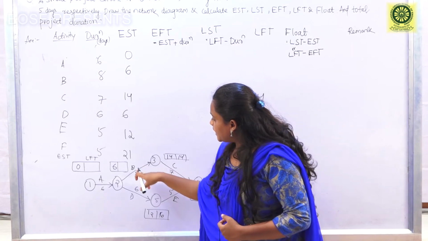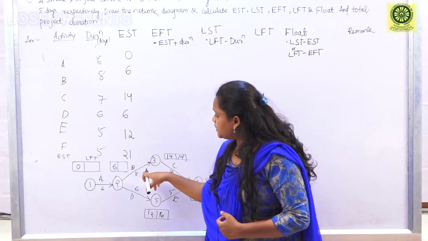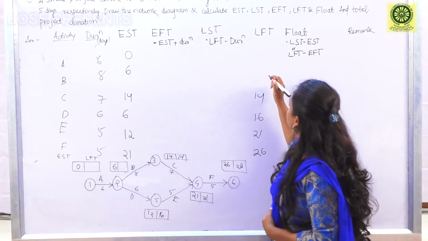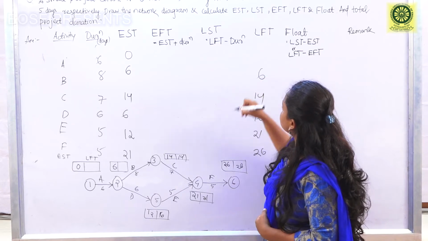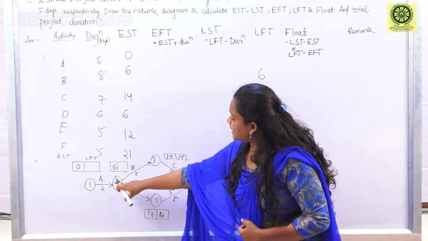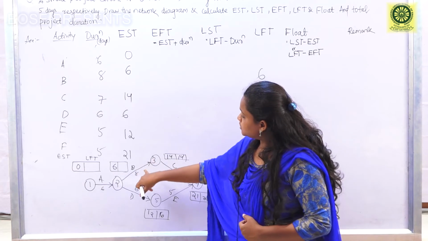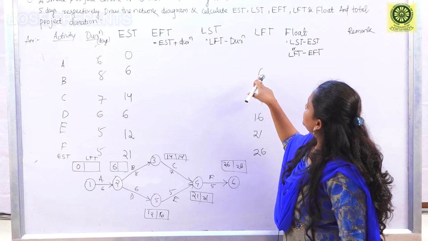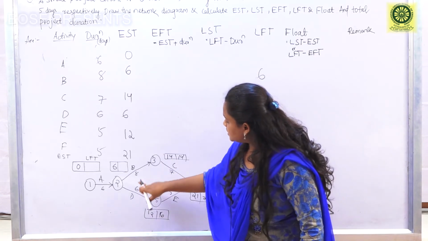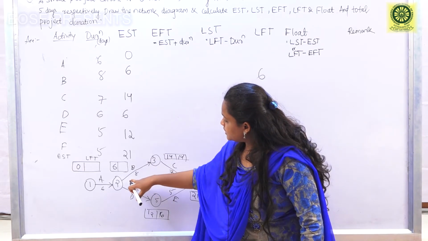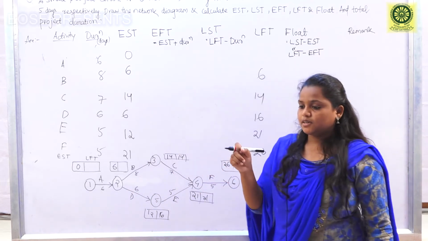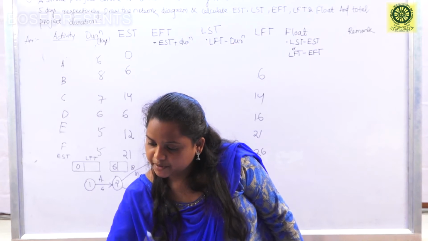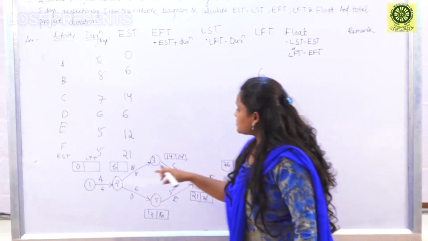Then come to activity B. For activity B, the LFT will be 14 minus 8, that is 6. Then for activity A, the LFT will be 6 days.